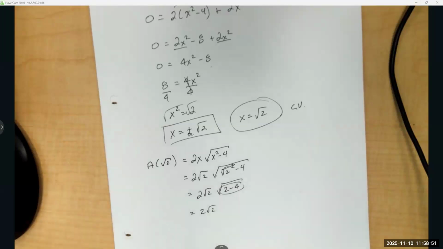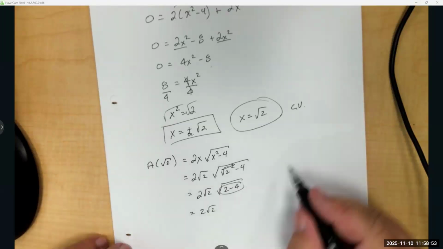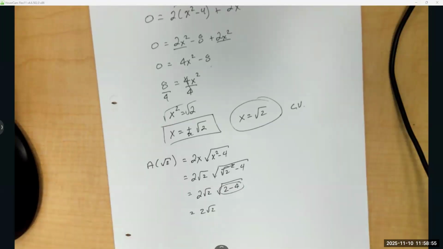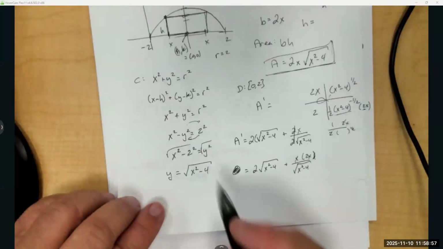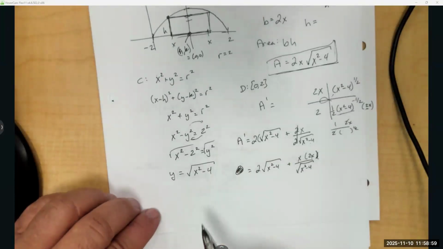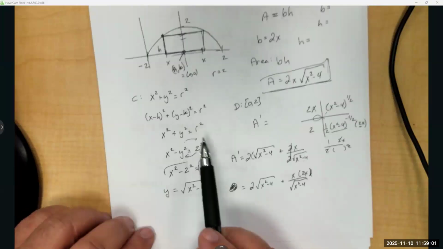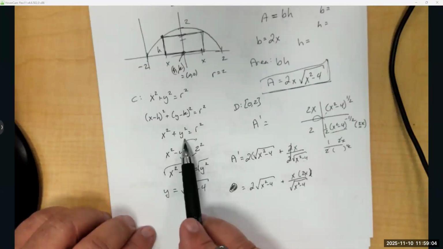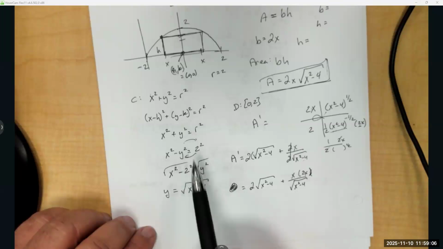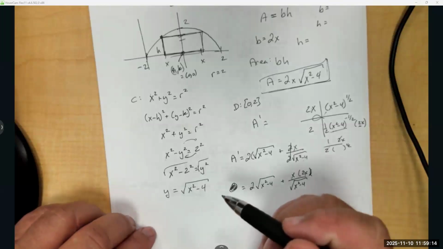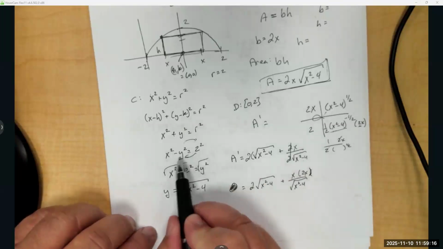This part here, I did it backwards. When we did our area originally, right here, this is where I messed up.